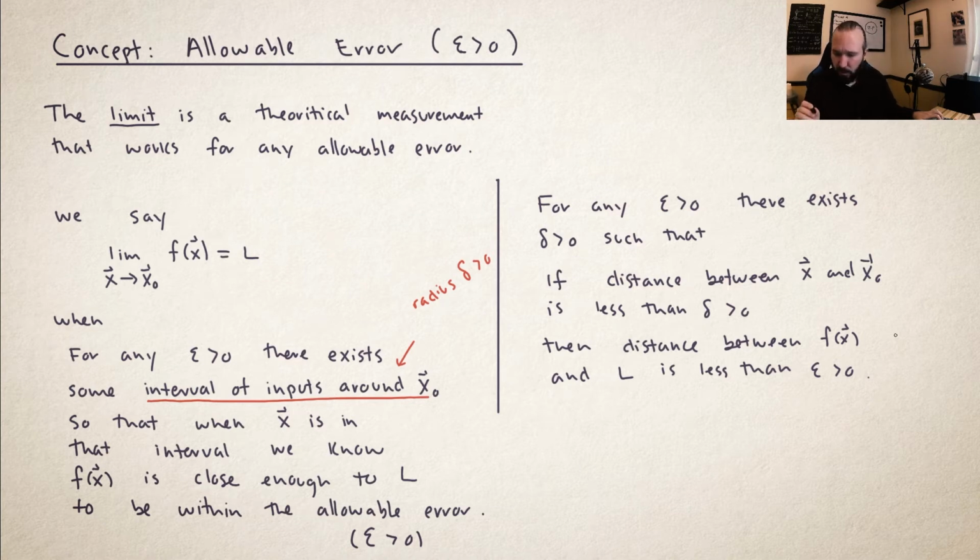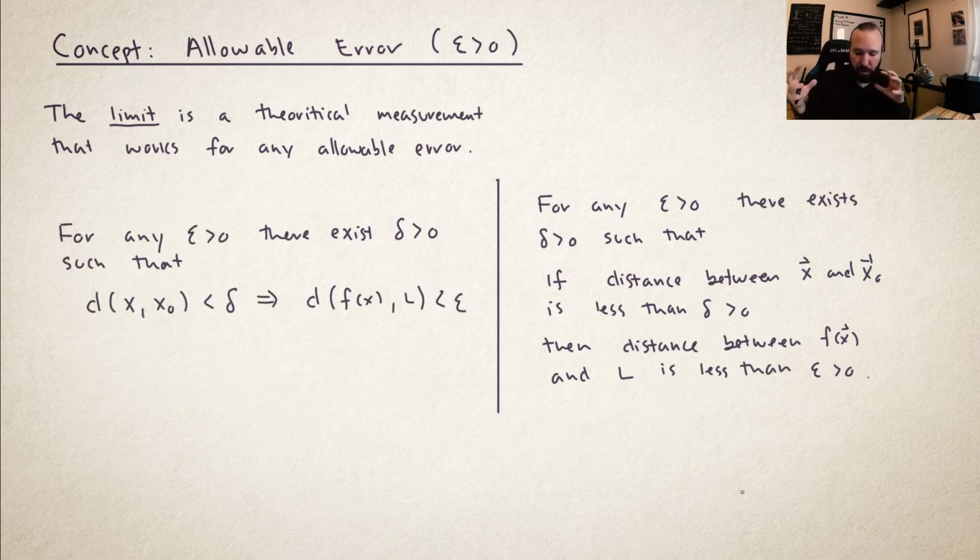Okay, so I can actually write this in an even shorter way. I'm just going to make this definition a little bit more compact here. It starts off pretty much the same. For any allowable error, I'm always going to generate some interval of inputs that will keep my measurement within the allowable error. And this D right here, all I'm trying to say is the distance between x and x naught.